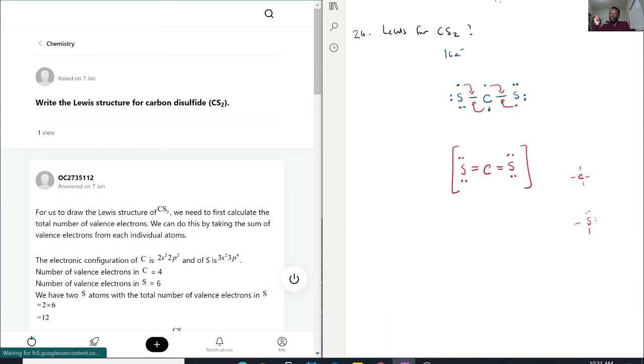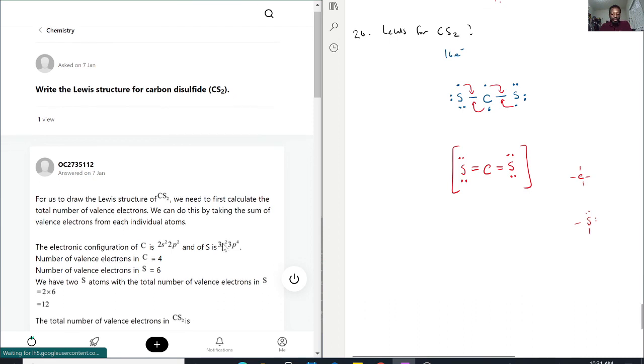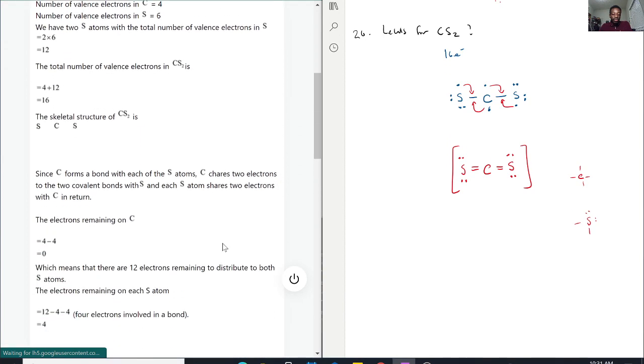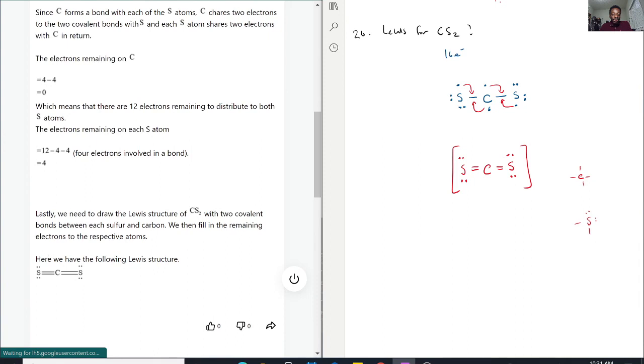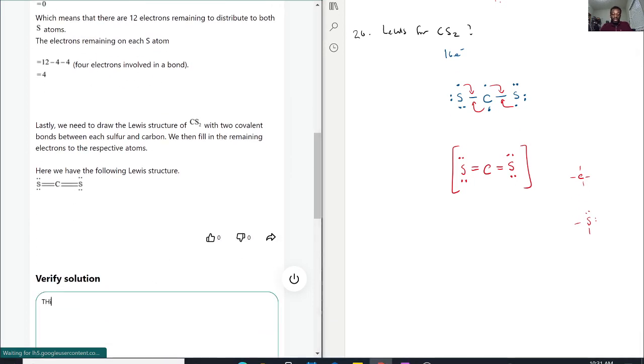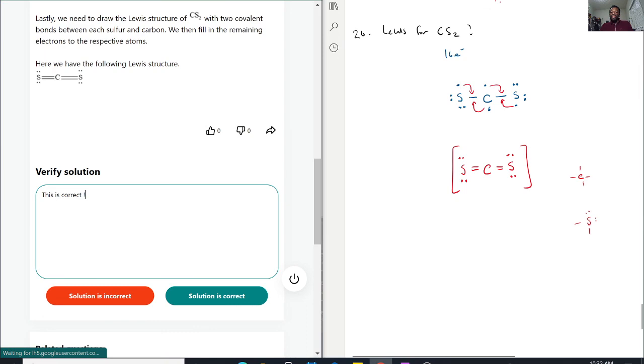We fill the octet rule, we have the right amount of electrons, and each of them has a formal charge of 0. 16, yep, and there we have it. The Lewis structure is double bonded with each sulfur. So this is correct. That was the Lewis structure for CS2.